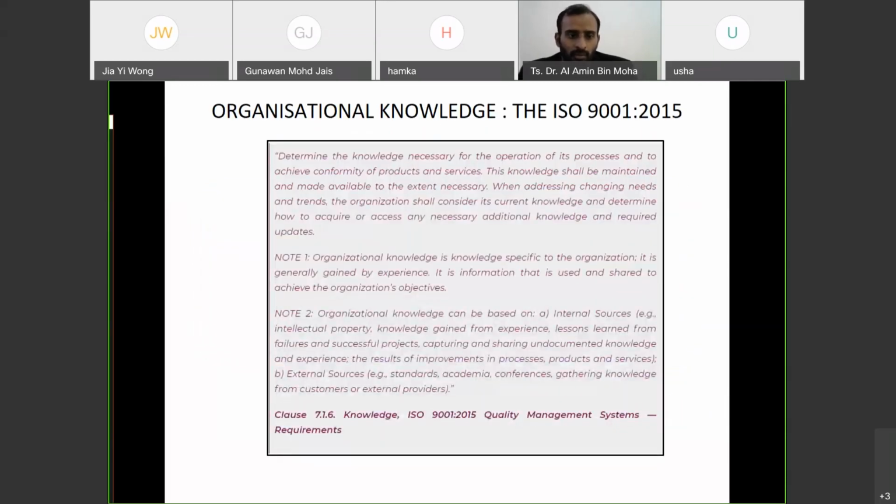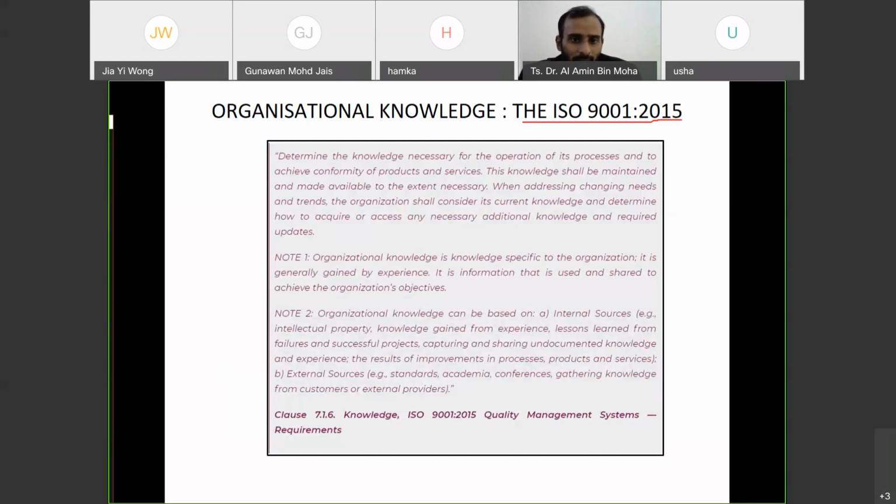So here I snapshot the organizational knowledge that has been mentioned in ISO 9001:2015. If you can see this clearly, I'll just read it for you. Determine the knowledge necessary for the operation of its processes and to achieve conformity of products and services. This knowledge shall be maintained and made available to the extent necessary.